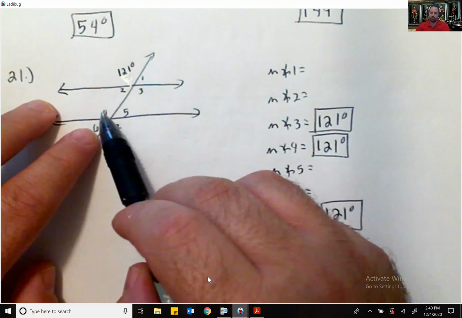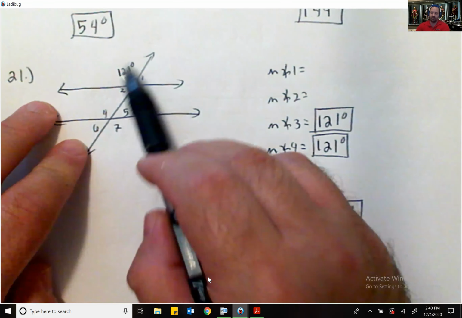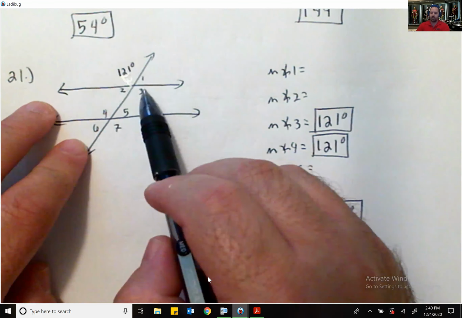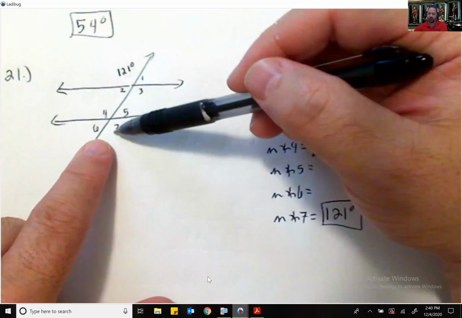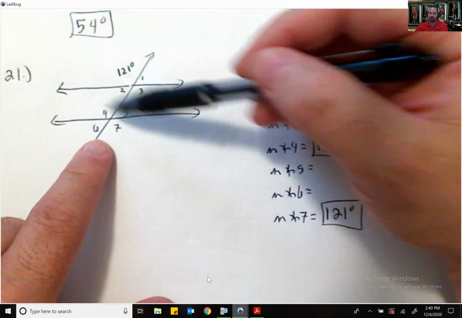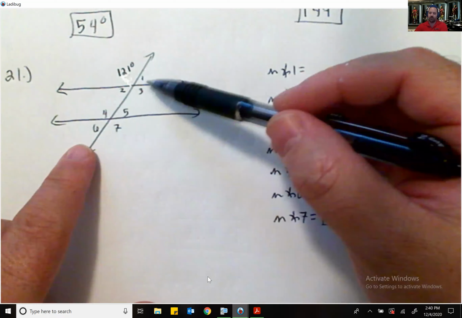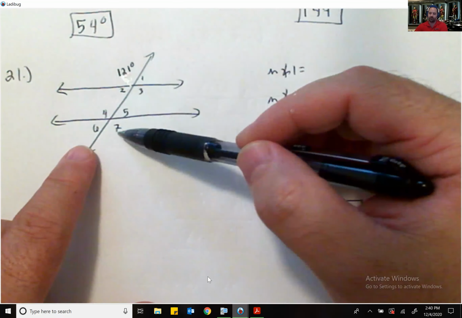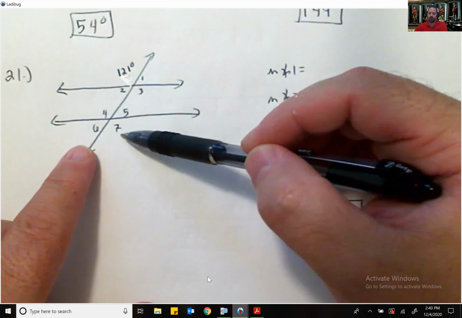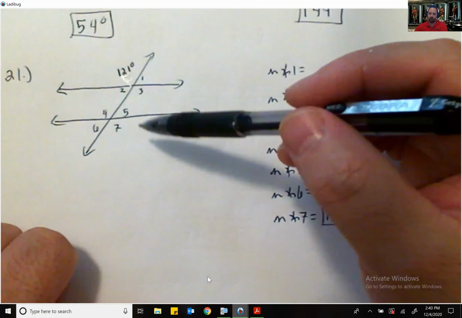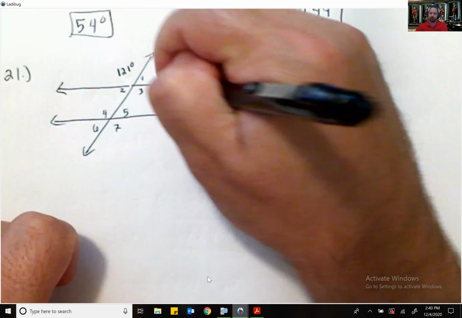And alternate interior are always congruent, as well as corresponding, as well as vertical angles. Number 7, you could think of it as vertical again, or corresponding, because this is bottom right, or alternate exterior, and they're congruent. So knowing those relationships helps you know other angles, because these lines are parallel, and that's the symbol for parallel right there.